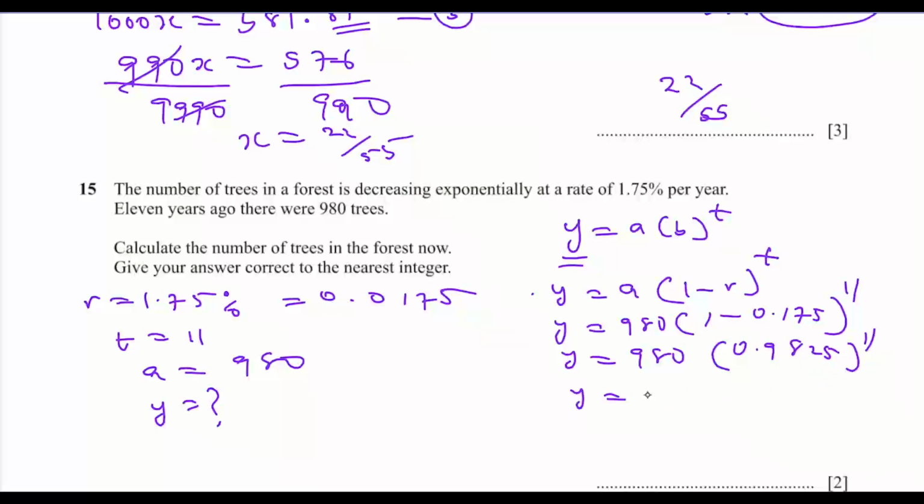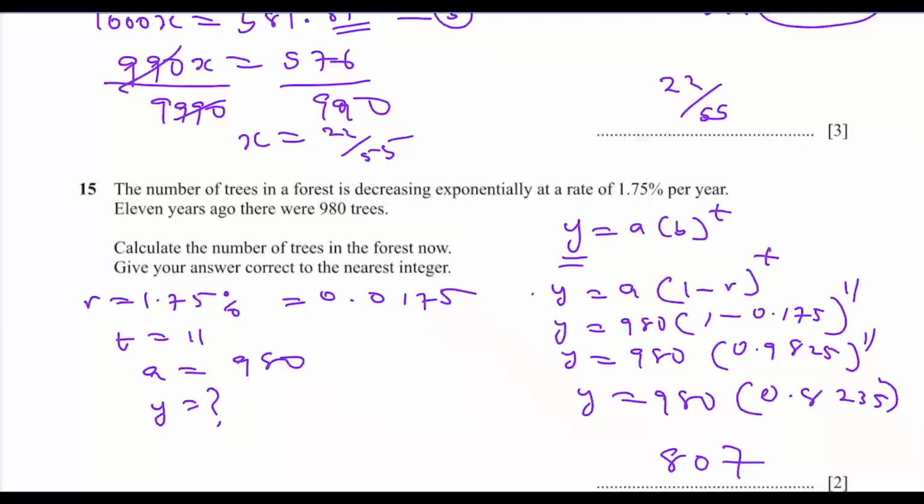So that will be y equals to 980 into bracket 0.8235 if you punch this from your calculator. Okay, so this will give us 807.